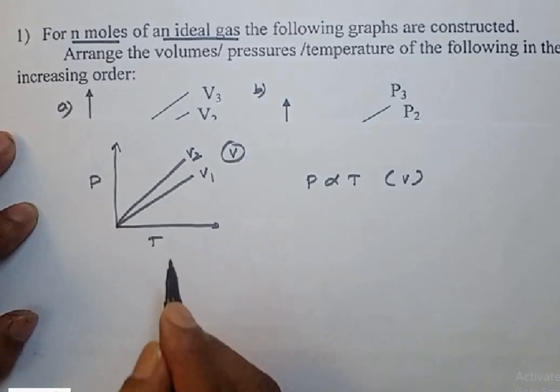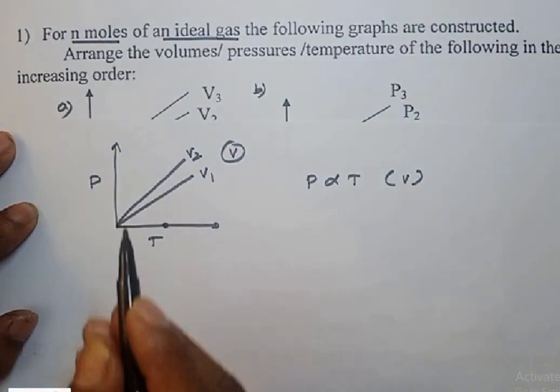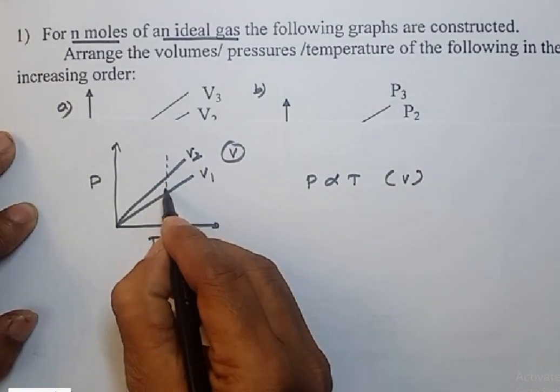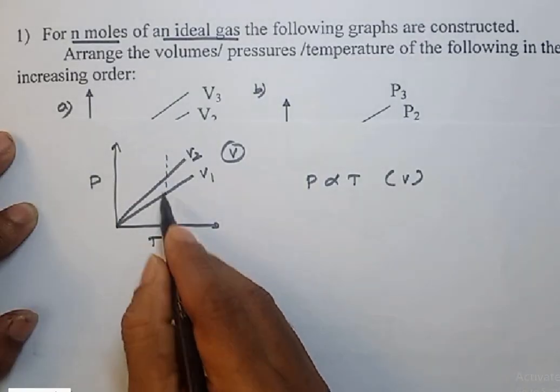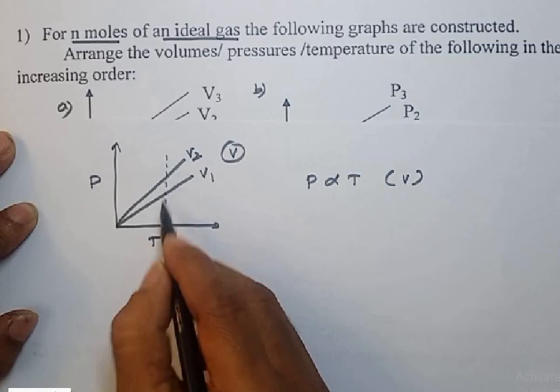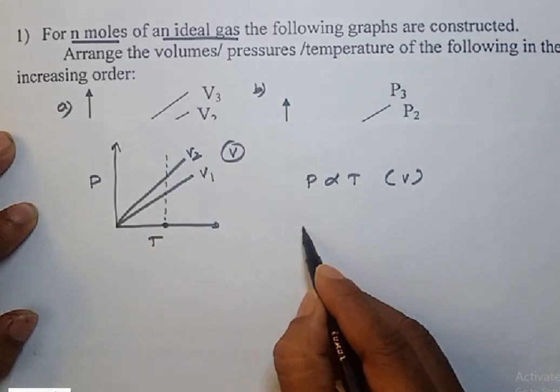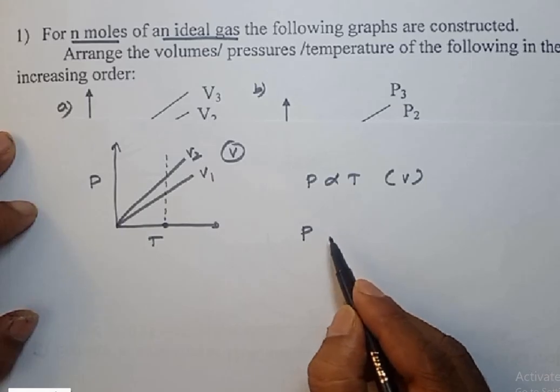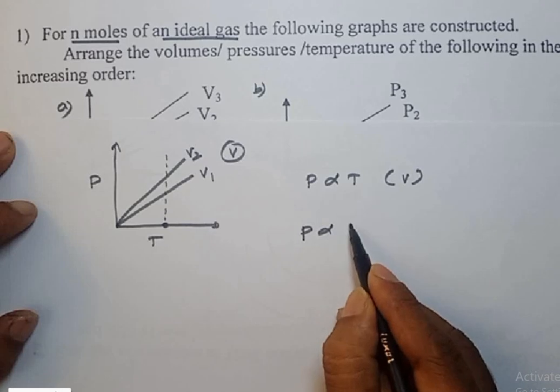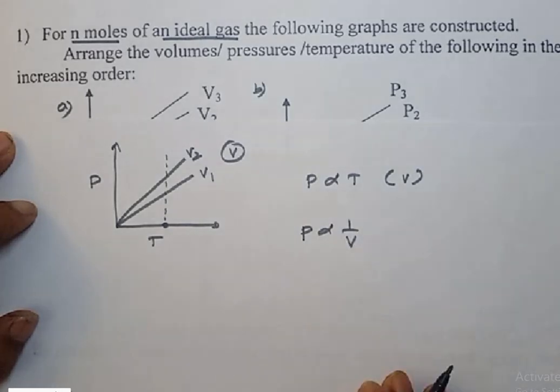To find out, you take any particular temperature T and draw a straight line. In this line, temperature remains constant. As temperature remains constant, P is inversely proportional to volume. This is what we call Boyle's law.